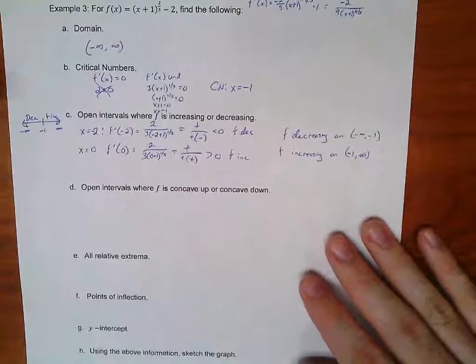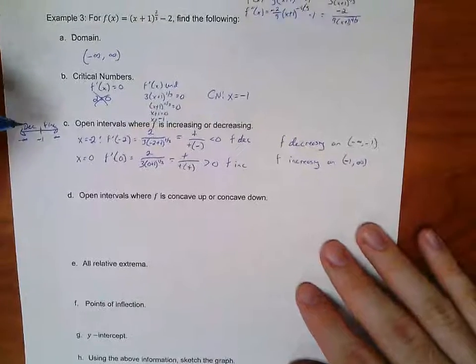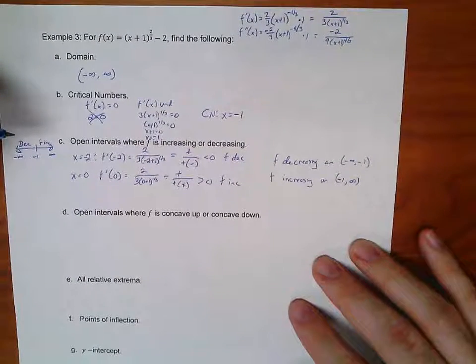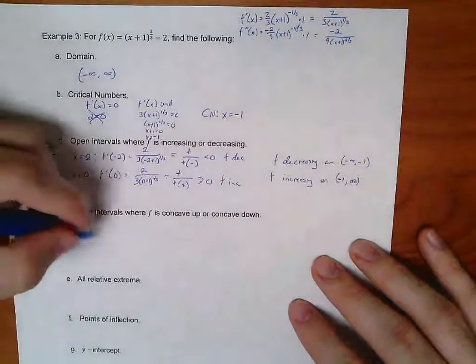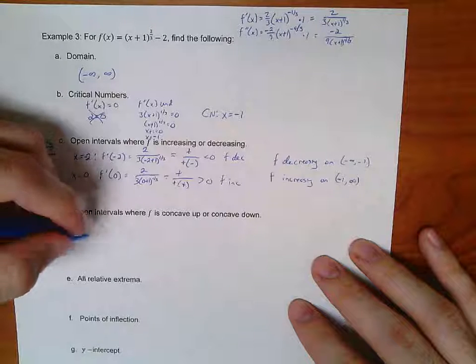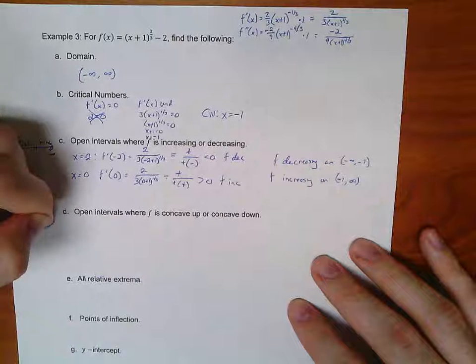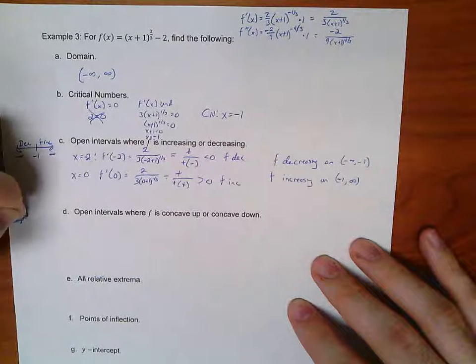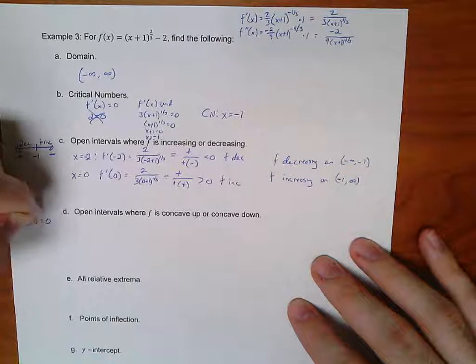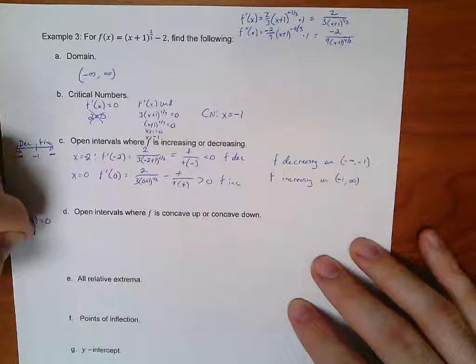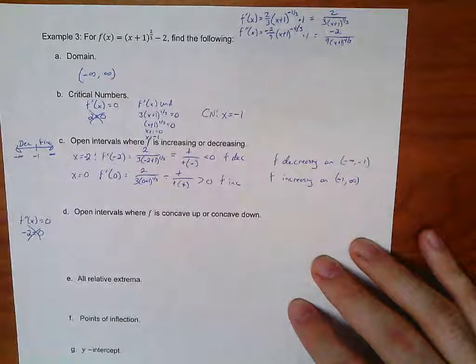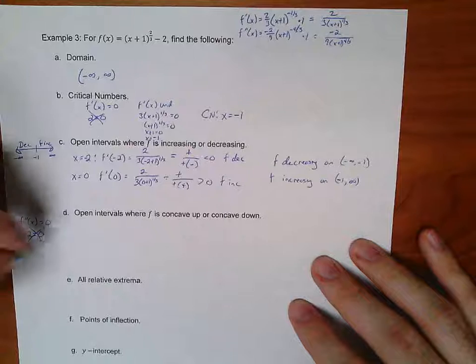Part D, open intervals where f is concave up and concave down. So now we're looking at the second derivative. f double prime of x equals 0 would mean the numerator, negative 2, equals 0. That doesn't make sense, so we get nothing there.